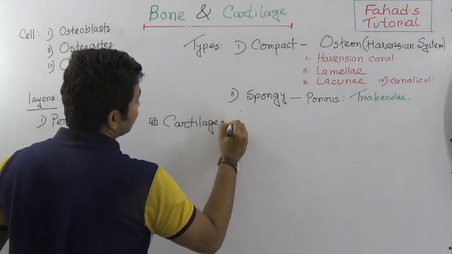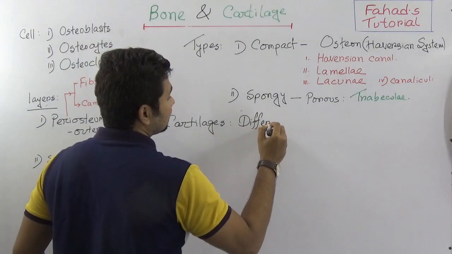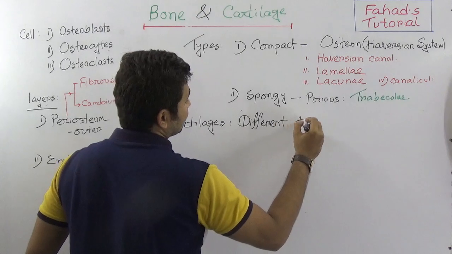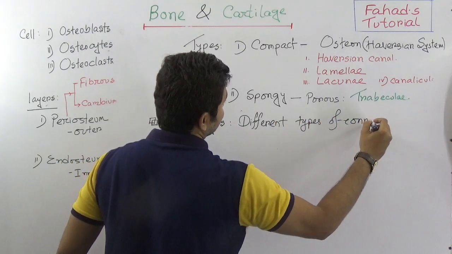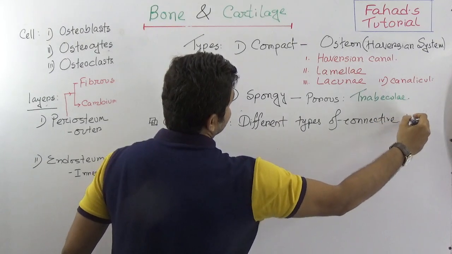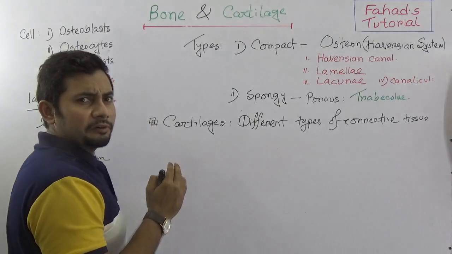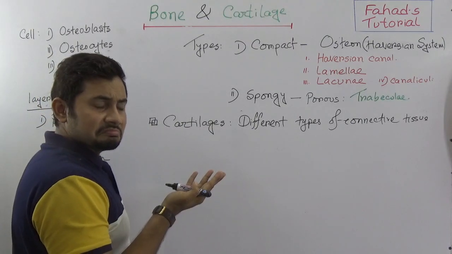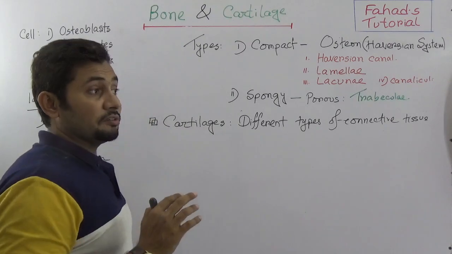Cartilage is a different type of connective tissue, which is comparatively soft and flexible, but it's not fracturable.